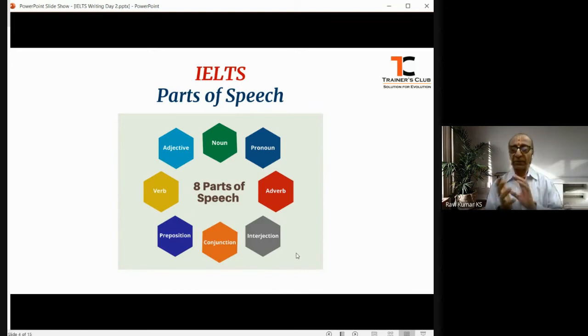The joint gives the flexibility to rotate forward or backward. That flexibility is given in the same way by preposition, conjunction, and interjection. They are known as the joints of a sentence. That means they join two words or two sentences or two clauses or two subclauses, whatsoever it is.